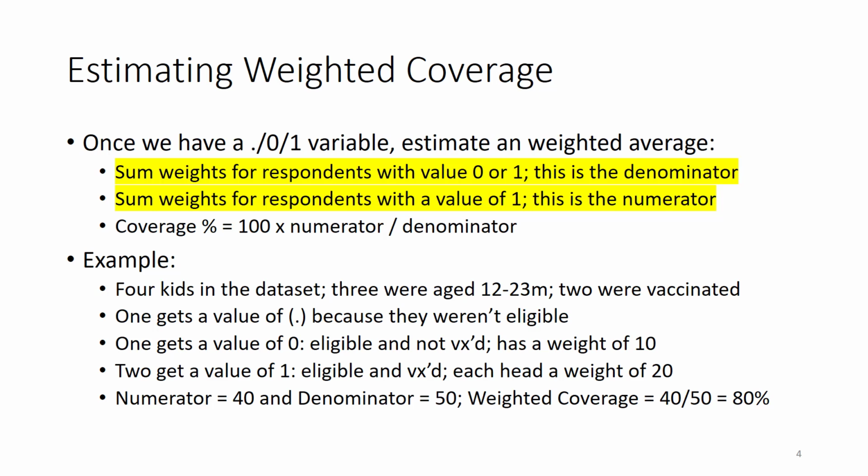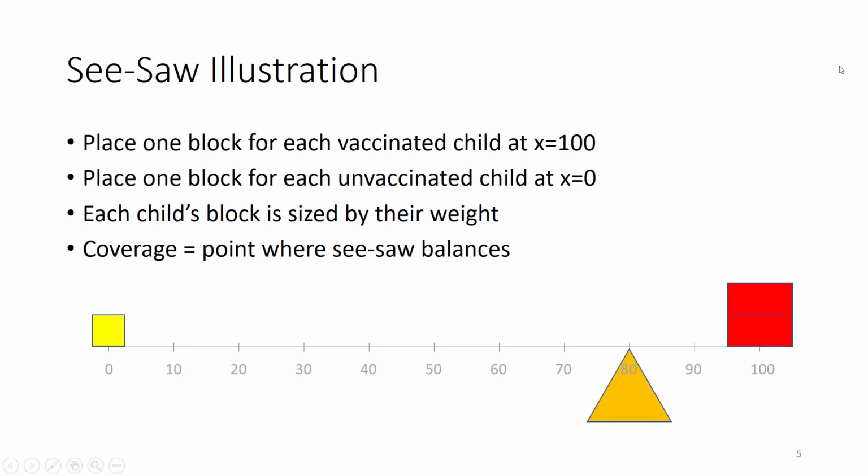We can use the seesaw to illustrate this as well. Now the size of the blocks, we don't have equal sized blocks for each child. With a weighted average, the size of the blocks that we stack up at either 100 or at 0, they are proportional to the weight for each child. So in this case, the vaccinated kids, they had weights that were 2 times the size of the weight of the unvaccinated kid.